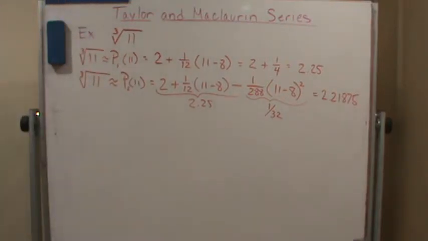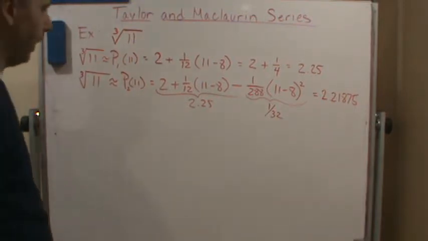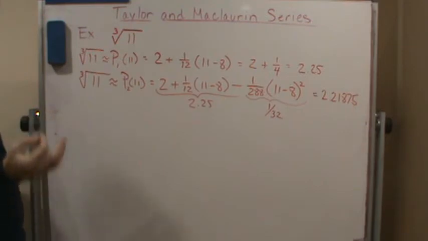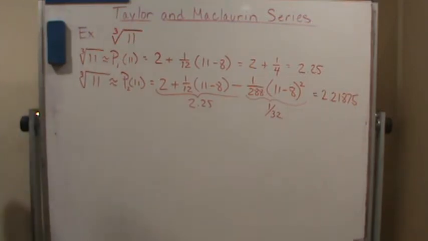So how do we do that? We're going to use the uniqueness theorem of a Taylor series. We know that there has to exist a C on the interval from 8 to 11 such that what must be true?